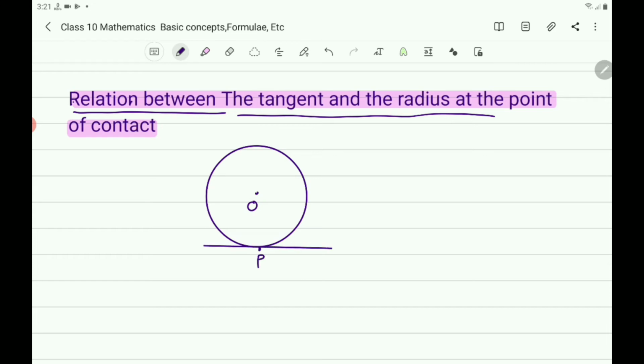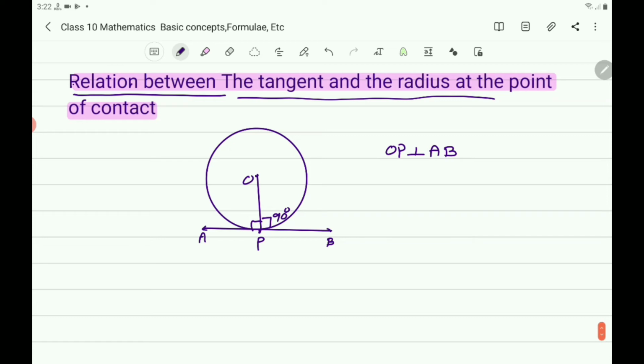Consider AB is a tangent at P. If you join this point of contact P to the center, you will get a radius. What is the measurement of the angle here? That is 90 degrees. So OP is perpendicular to AB.